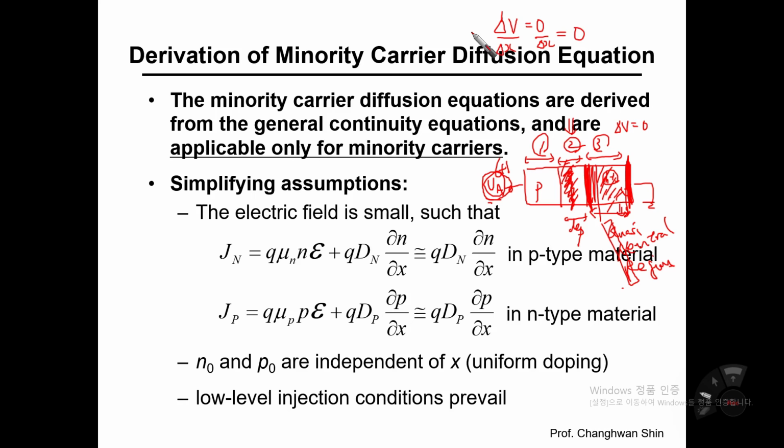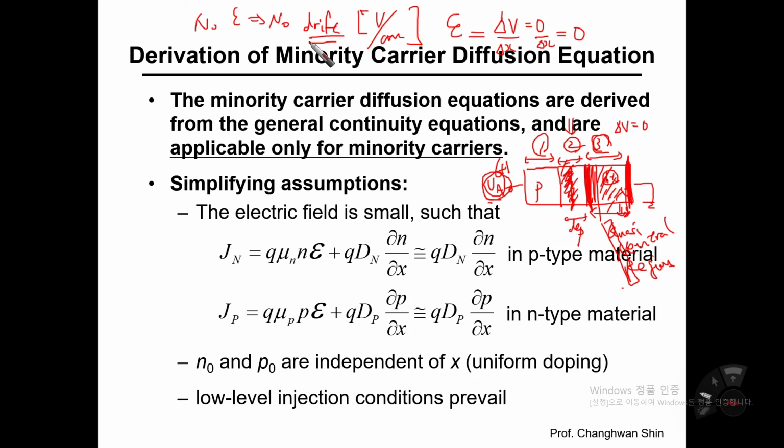That means the electric field is zero. The definition of electric field is voltage difference for a given distance; even the unit for electric field is volt per centimeter. So in this QNR region, there is no electric field, and no electric field means no drift.